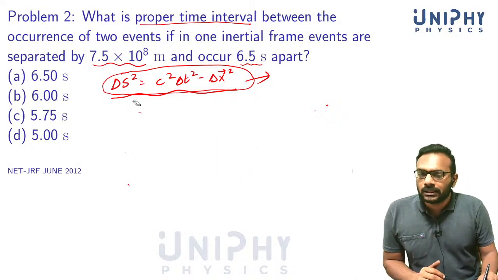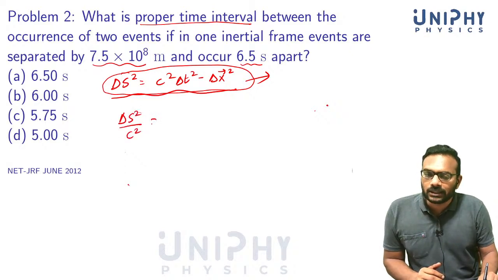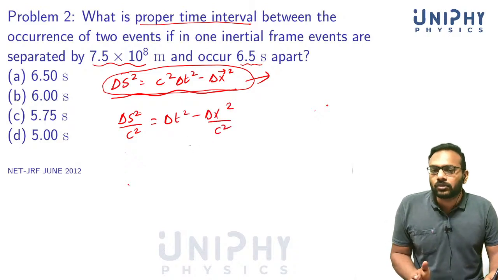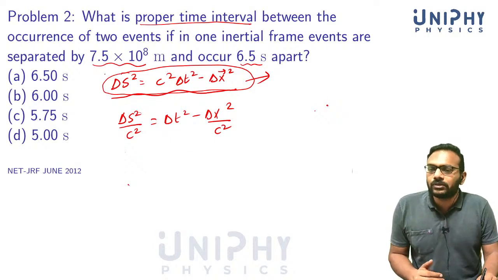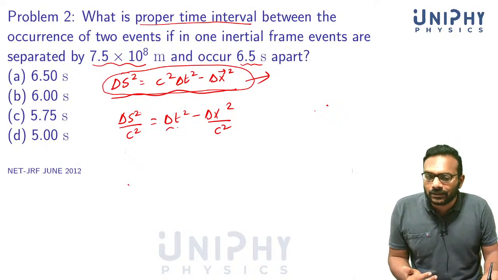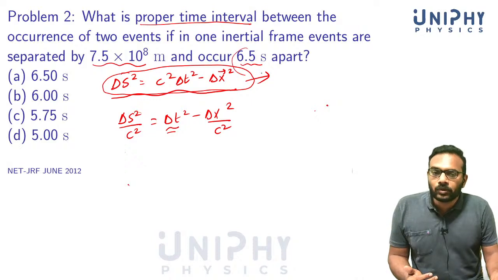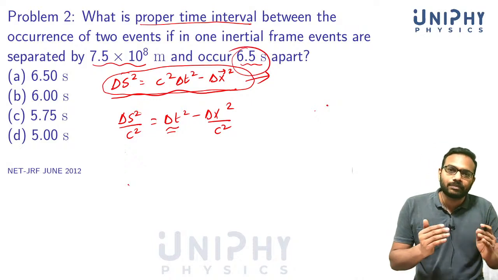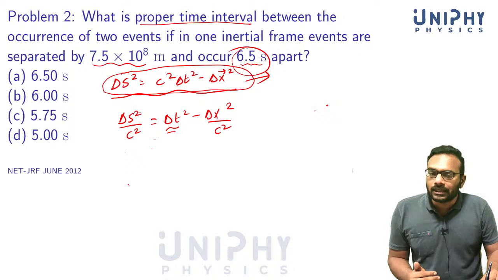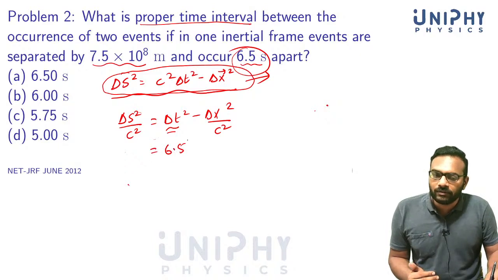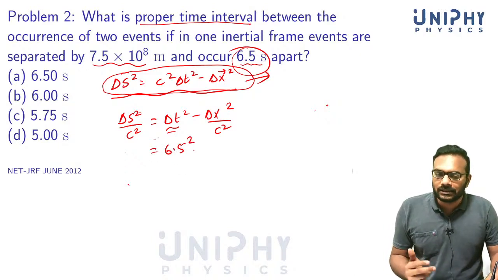Let's calculate delta s square by c square is equal to delta t square minus delta x square by c square. Right? We divide throughout by c square. Now we just substitute the quantities given. All right? Delta t is given to be 6.5 seconds. All right? The time separation between the two events is 6.5 seconds. All right? So that's in SI units. Don't worry.